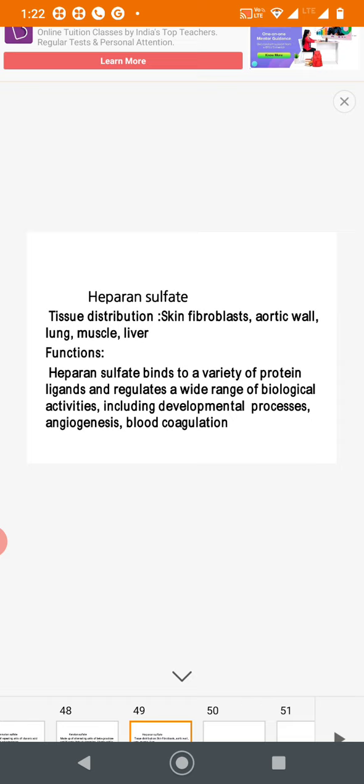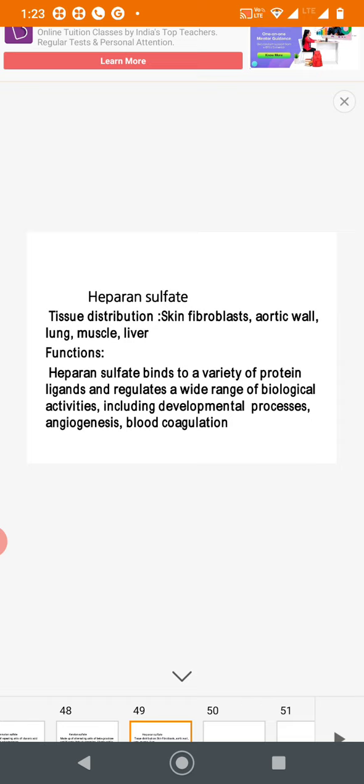Angiogenesis. What is the meaning of angiogenesis? Synthesis of blood vessels, angiogenesis. Heparan sulfate plays a very important role in angiogenesis with the help of these protein ligands. So these are some of the things about mucopolysaccharides. They are heteropolysaccharides.